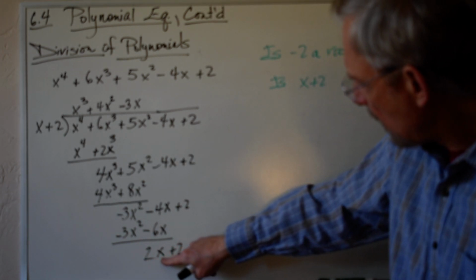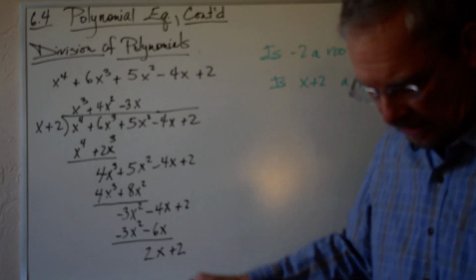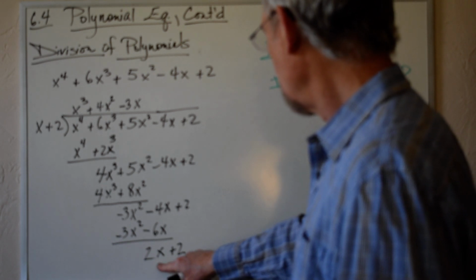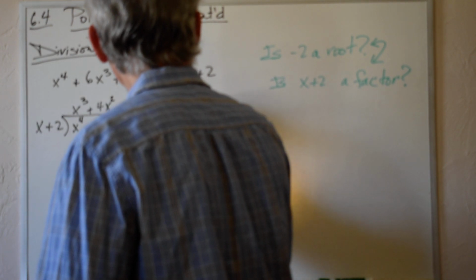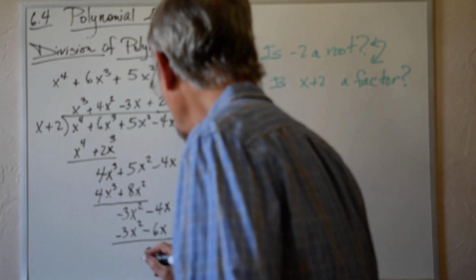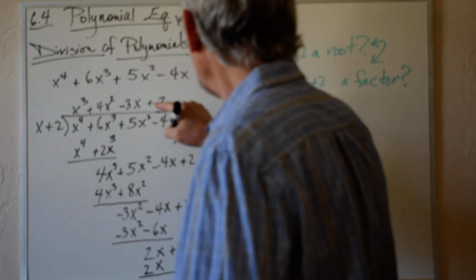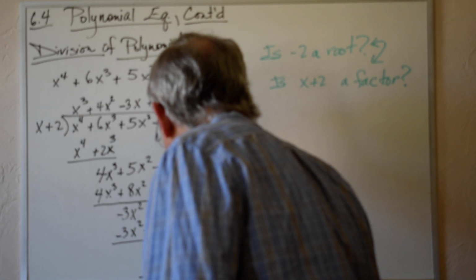I'm down to a remainder now that is just a single power of x. What do I need to do to get rid of that 2x? Well, I'll multiply by 2. 2 times x gives me 2x, good. 2 times 2 gives me 4.